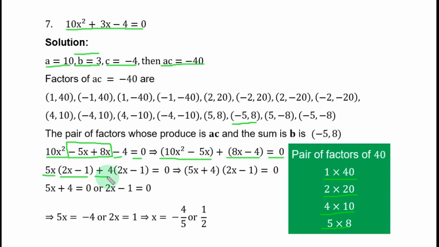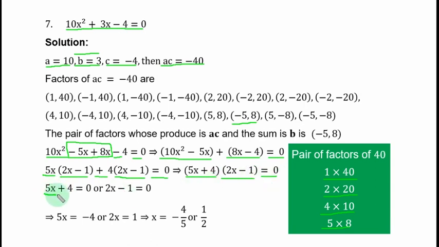If you divide 8s and minus 4 by the 4 you factored out, you also have 2s minus 1. Everything equal to 0. Clearly, 2s minus 1 is common. If you factor it out again, you are left with 5s plus 4. Then you equate everything to 0. You equate each bracket to 0.